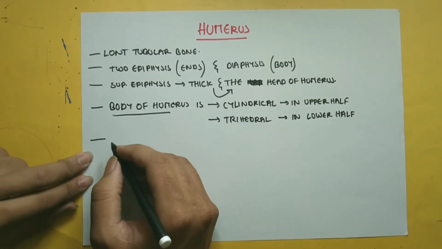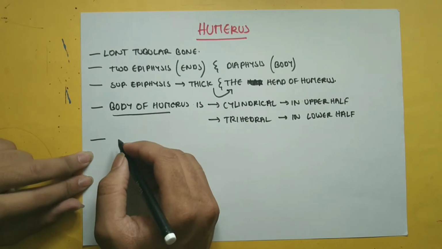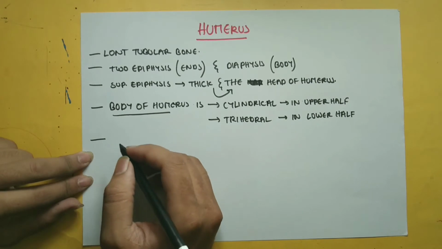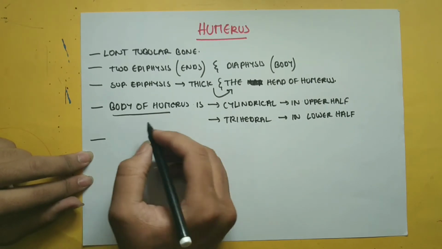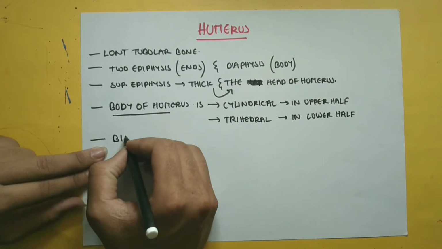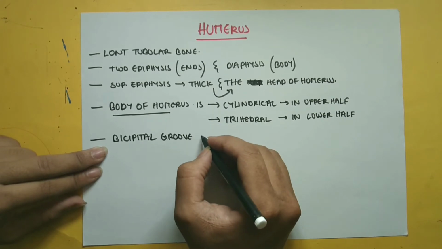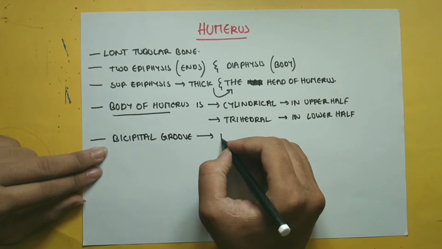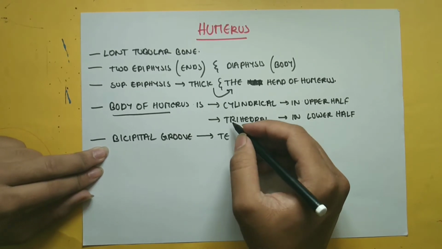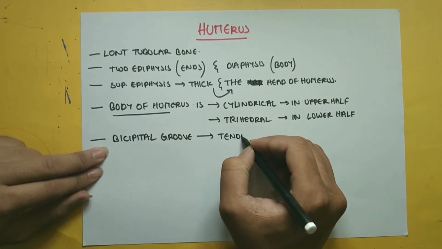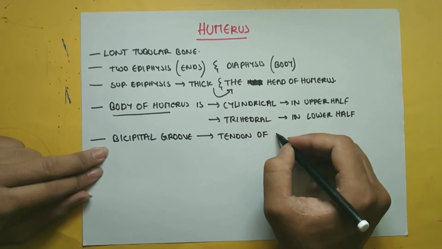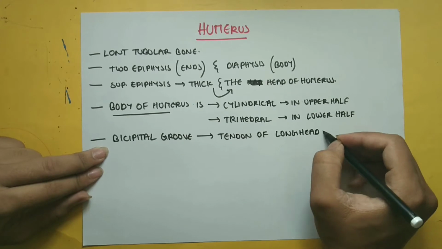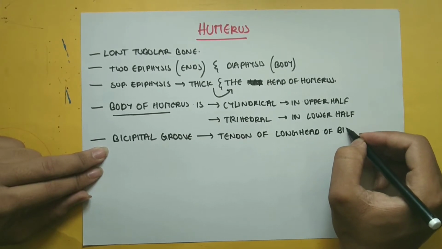And as I told you, between the two tubercles there is the intertubercular groove or the bicipital groove. So this bicipital groove contains the tendon of biceps brachii, tendon of long head of biceps brachii.